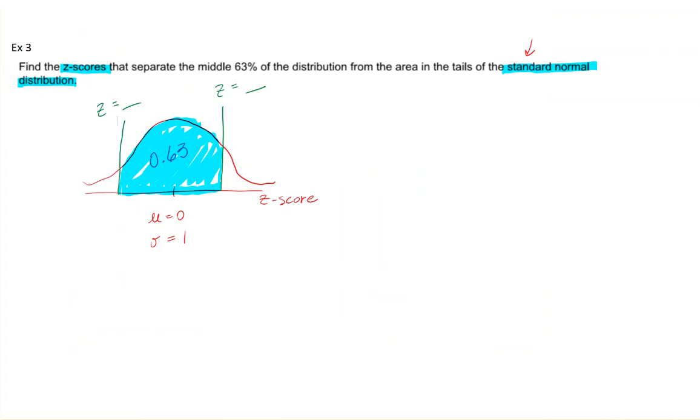So we found these two numbers here using the calculator to be negative 0.897 and positive 0.897. And so we used the calculator to find these x variables, or in this case these z variables, given the area of the problem.